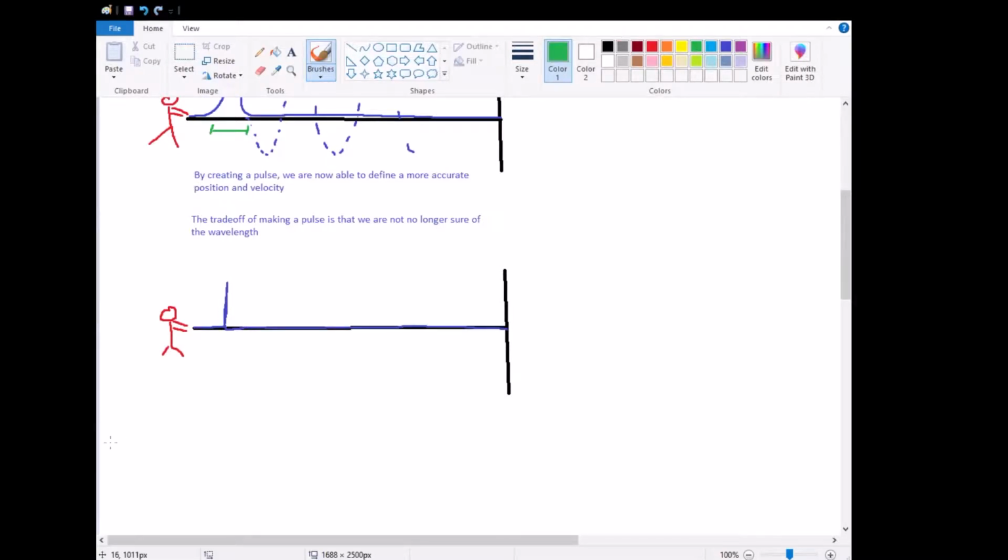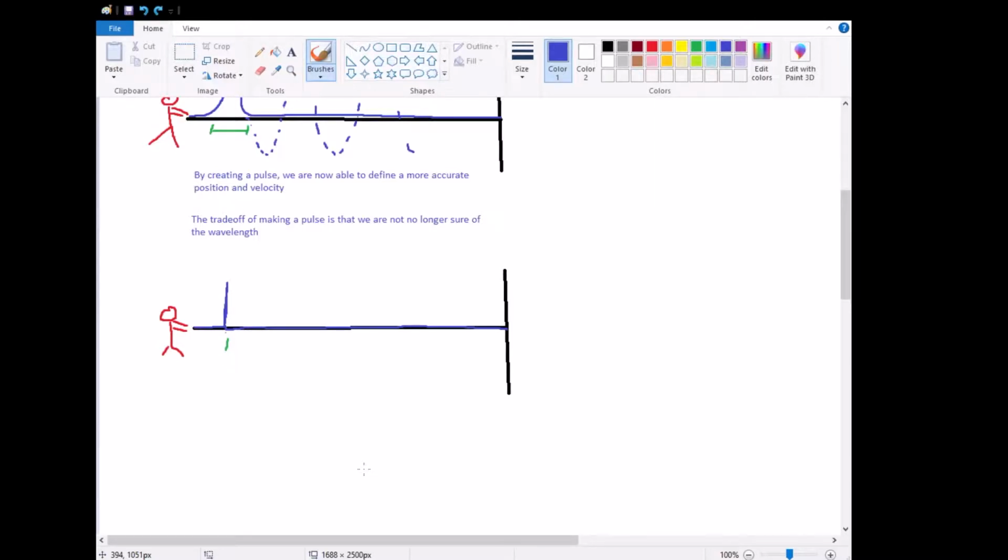I know that my position is exactly here, but I don't know anything about my wavelength. Even if I tried to create what I think the complete waveform would look like, it would be an indistinguishable mess, and I would not be able to figure anything out from it at this zoom level.